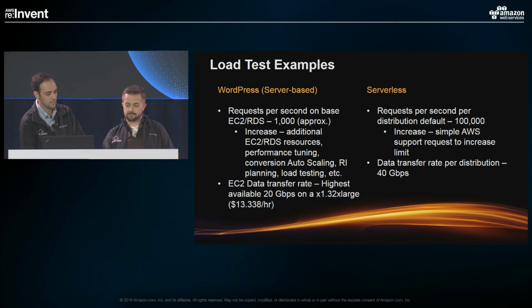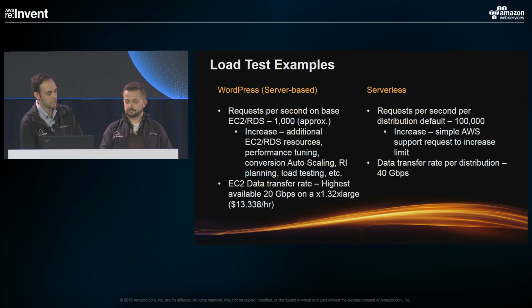So when you look at your front-end distribution of CloudFront, by default, the hard limit is set at 100,000 requests per second. This is extremely different when you're planning for scalability on the CloudFront delivery side than on the EC2 side.